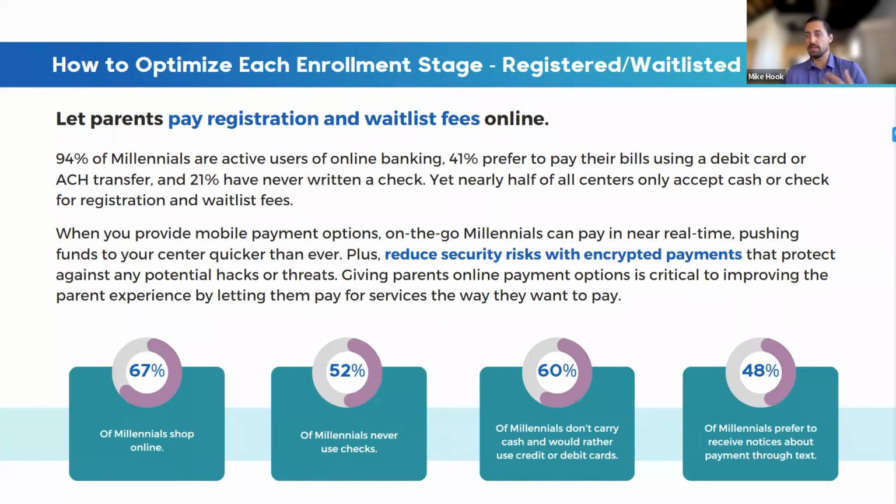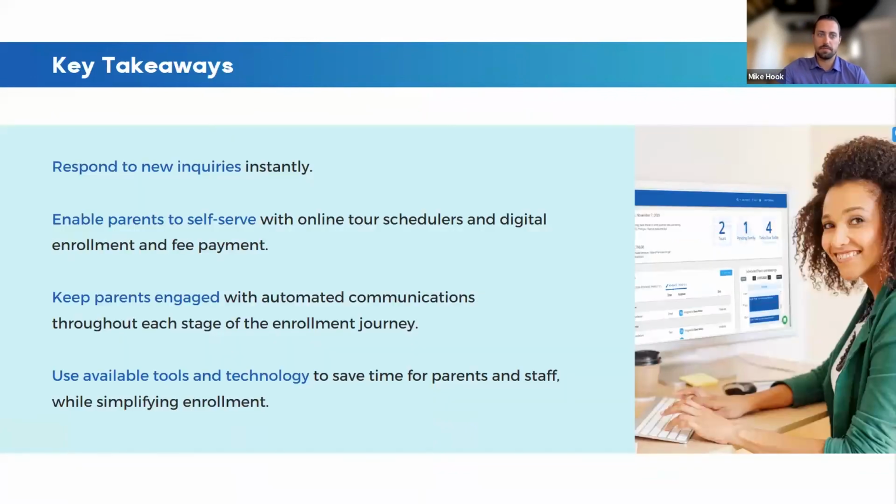And you can split that up. Is it a waitlist fee? Is it a full-on registration fee? Are they different? Are they the same? Understanding that, communicating it clearly to your parents, giving them an easy way to pay that is also safe, secure, and familiar will be a big win for you and for them too.